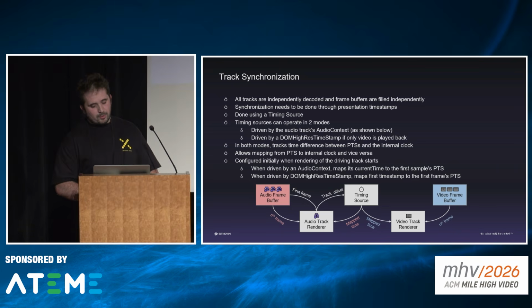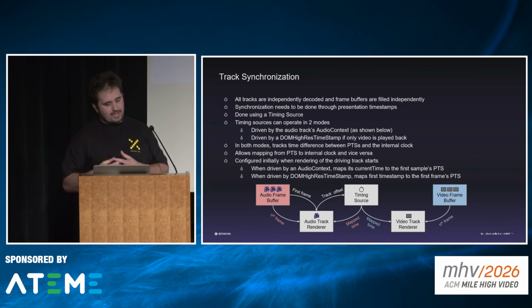This timing source can operate in 2 different modes. The most common one would be, as long as you have audio, we're going to use the current time from the AudioContext API to set our internal clock. So now we have an internal clock, and we have the presentation timestamps from the frames, and we're going to map those as offsets. If there is no audio track for whatever reason, we can just use the DOM high-res timestamp for the video internal clock.